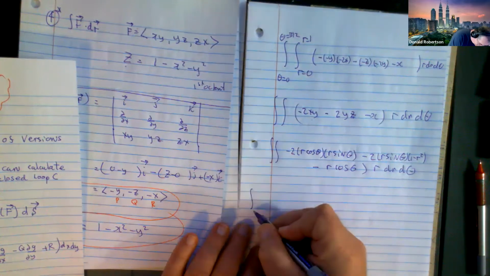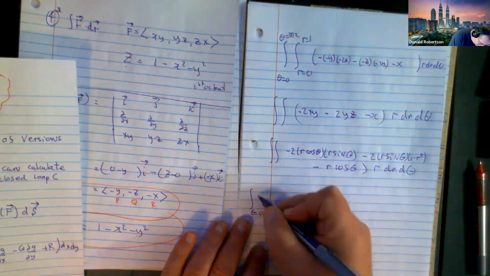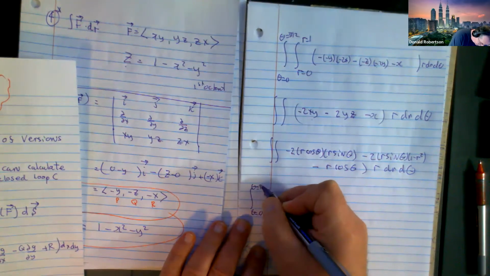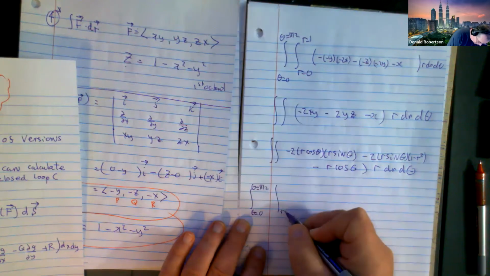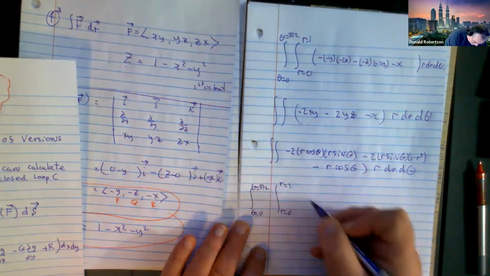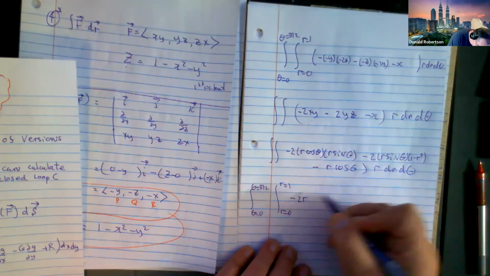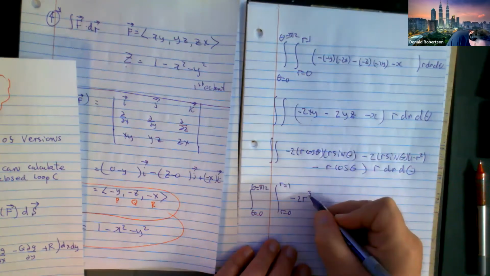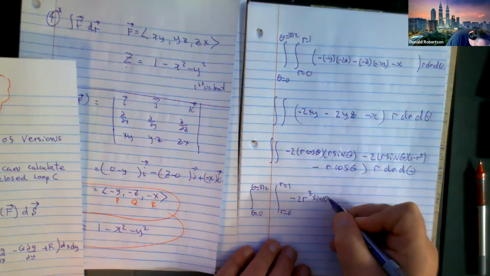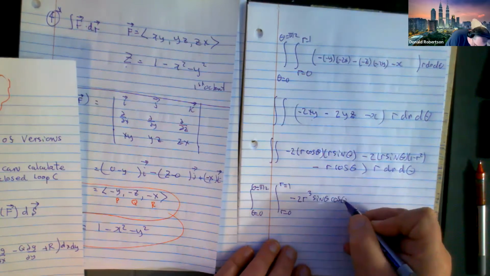So we're going to have from 0 to pi upon 2, from 0 to 1, negative 2 r, I'll bring in the r each time, so that's going to be r cubed sine theta cosine theta.